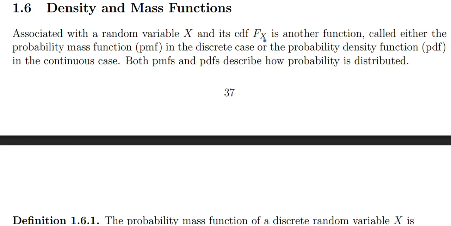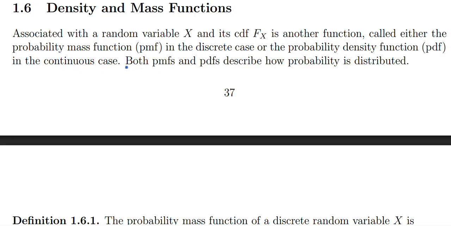We talked about it. If we have a random variable X, you can always have a CDF of it. Associated with this function, there is another function, called the probability mass function in the discrete case and the probability density function in the continuous case.